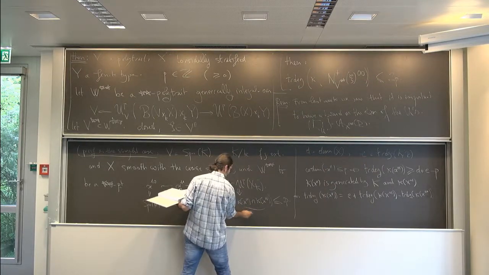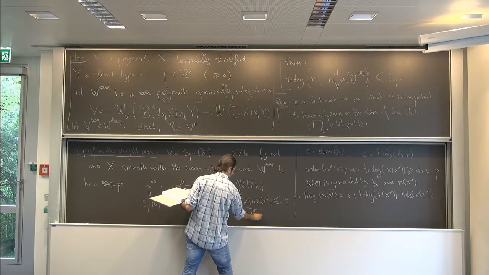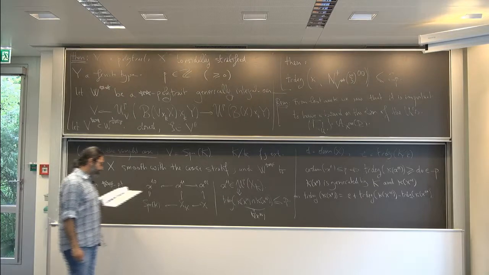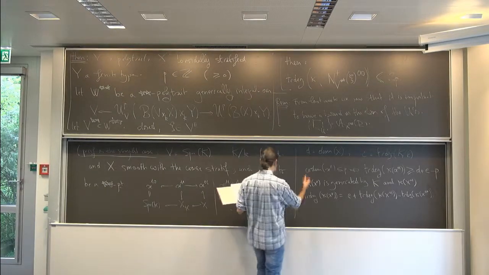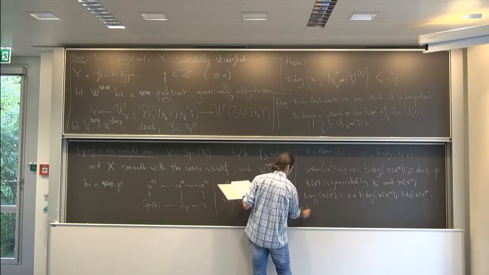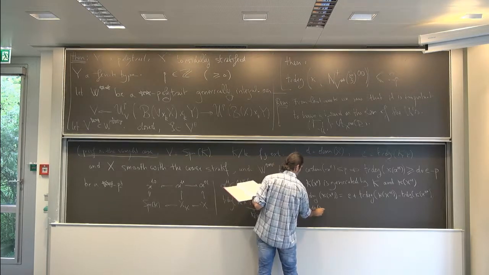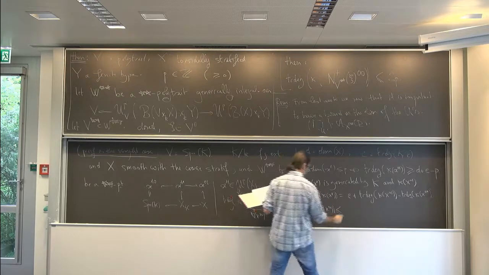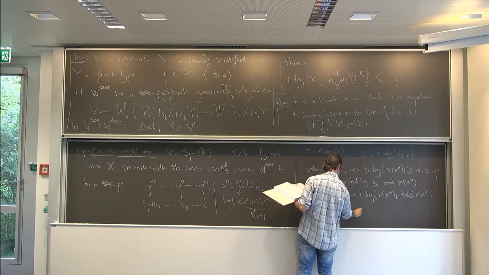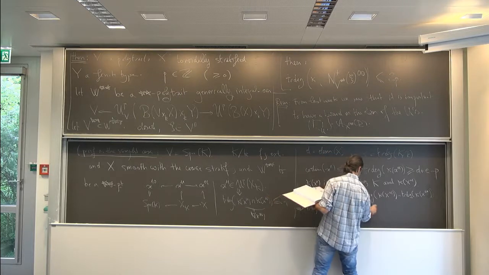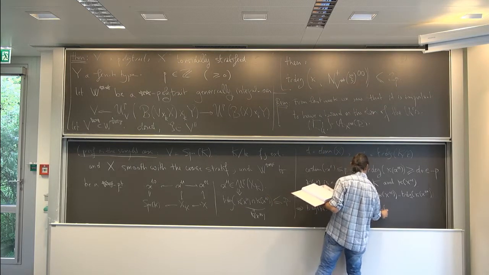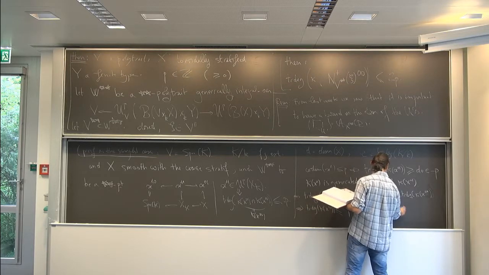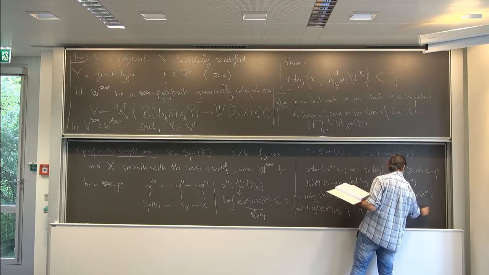Right, so putting these two things together, we get that the transcendence degree of kappa x00 is smaller than p minus d plus the transcendence degree of kappa x01, which is smaller than p, as we want.